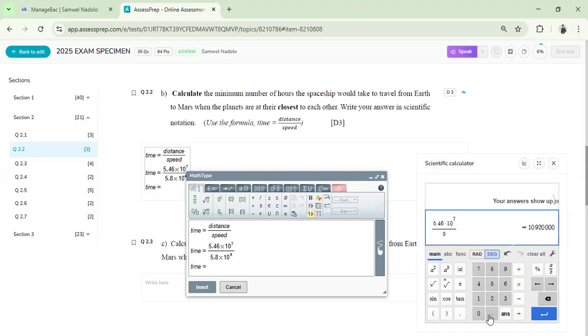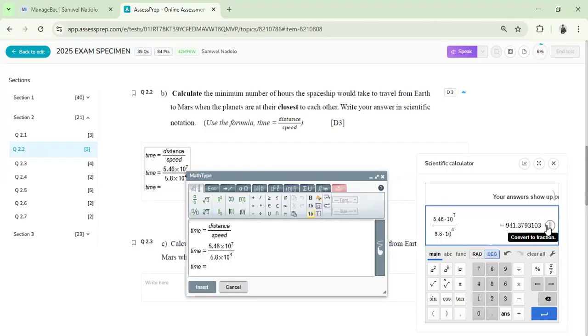So 5.8 multiplied by 10 raised to 4. You get your answer as 941.37.